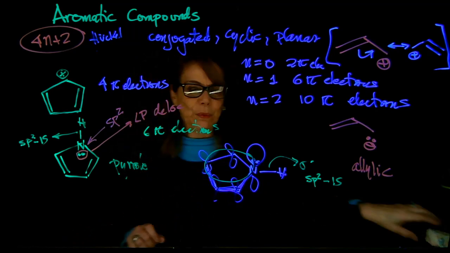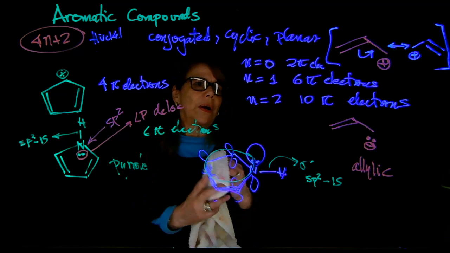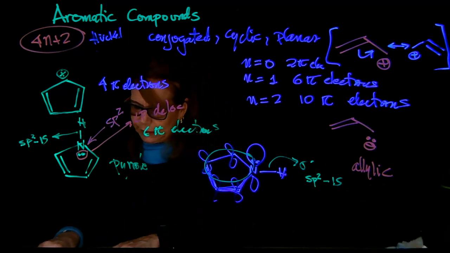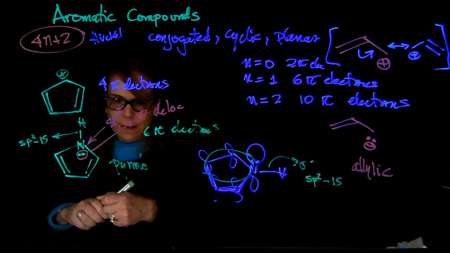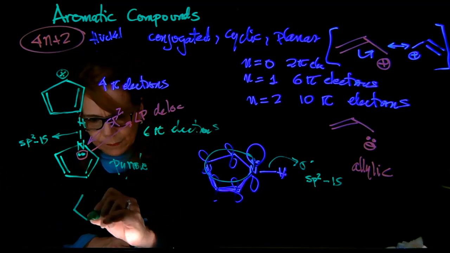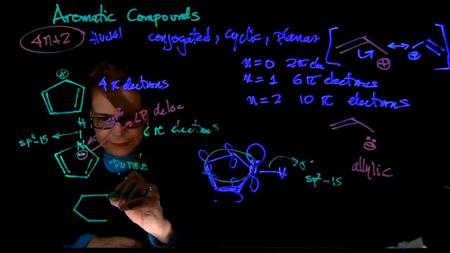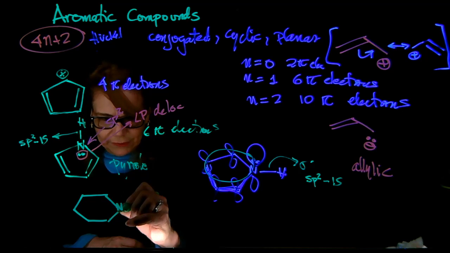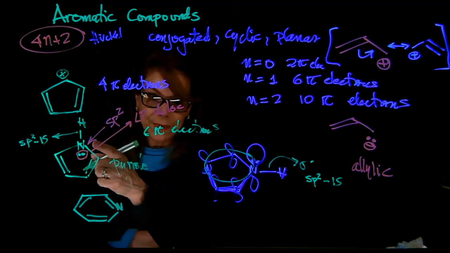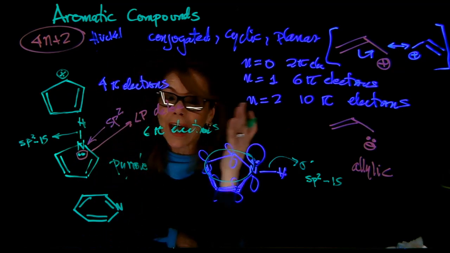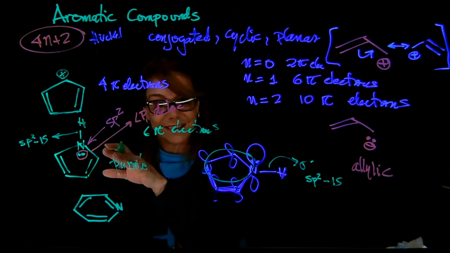As another example, I'm going to draw now pyridine. Pyridine is another heterocyclic molecule. Heterocycles have a heteroatom, meaning another atom in the ring that is not a carbon.